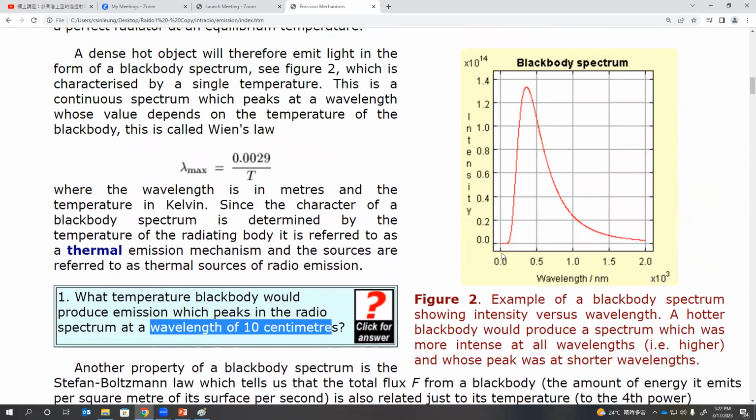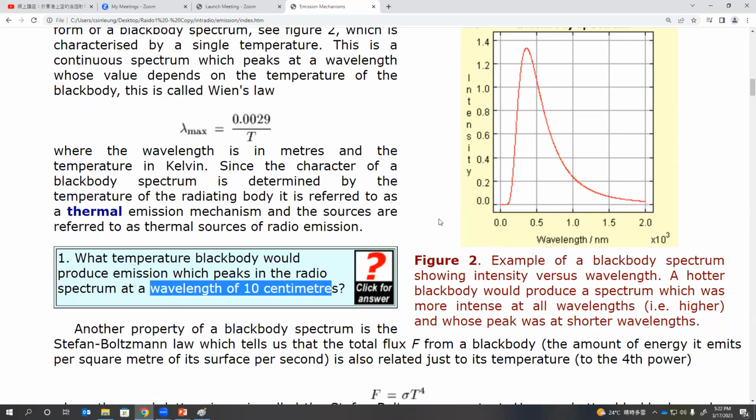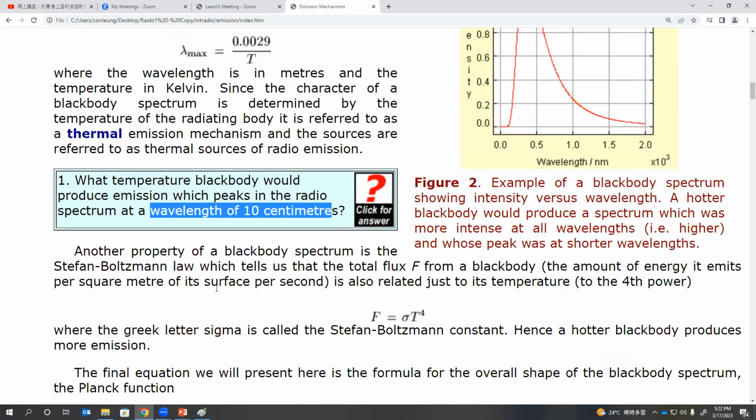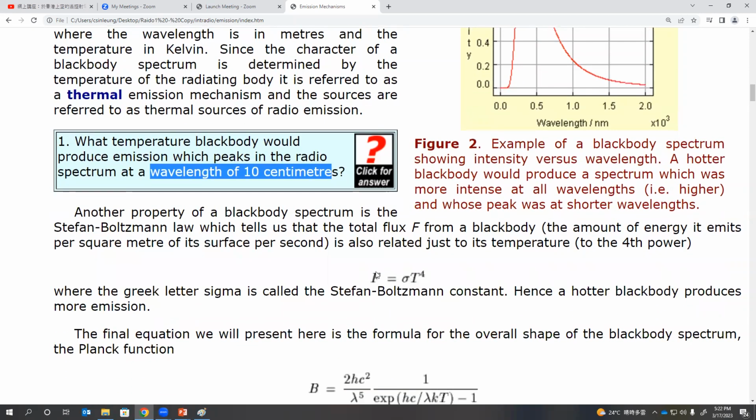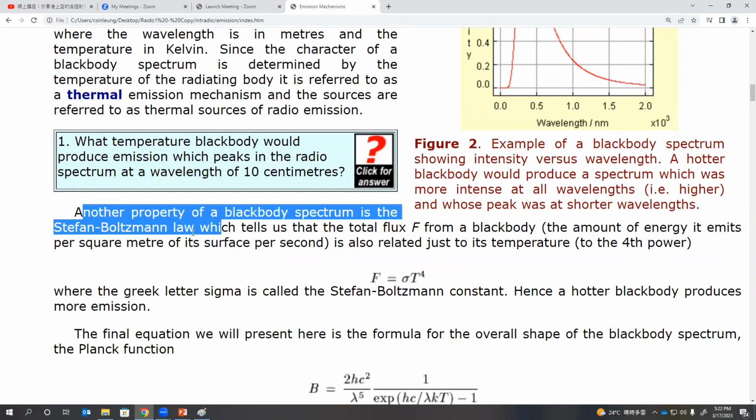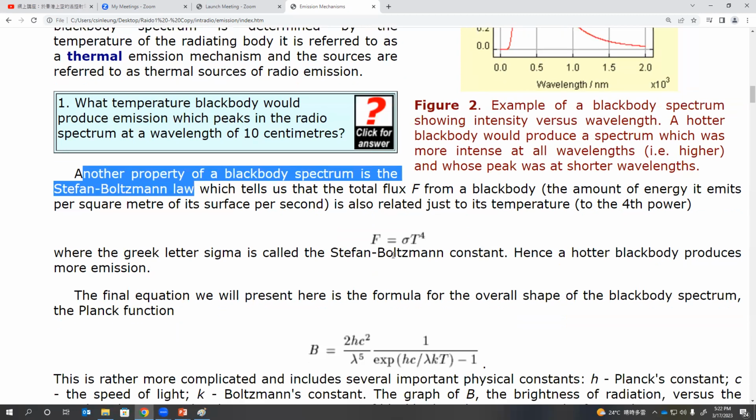And for this blackbody radiation, historically we can also know that on the short wavelength side, it simply follows what we call the Stefan-Boltzmann law, which means the total flux of a blackbody is equal to a constant, the so-called Stefan-Boltzmann constant, sigma, times temperature to the power 4.